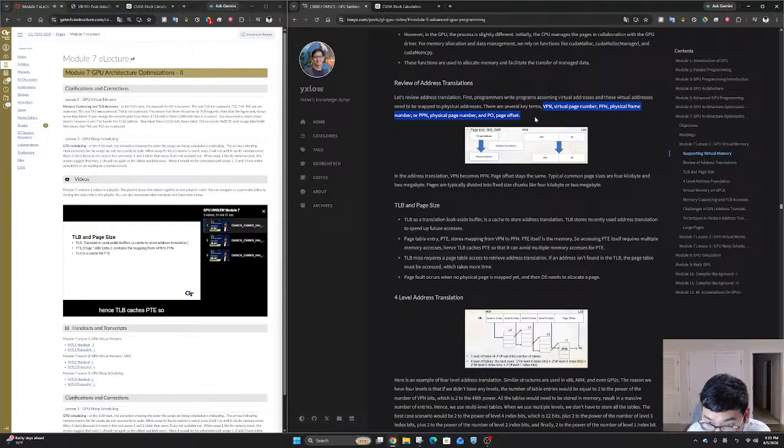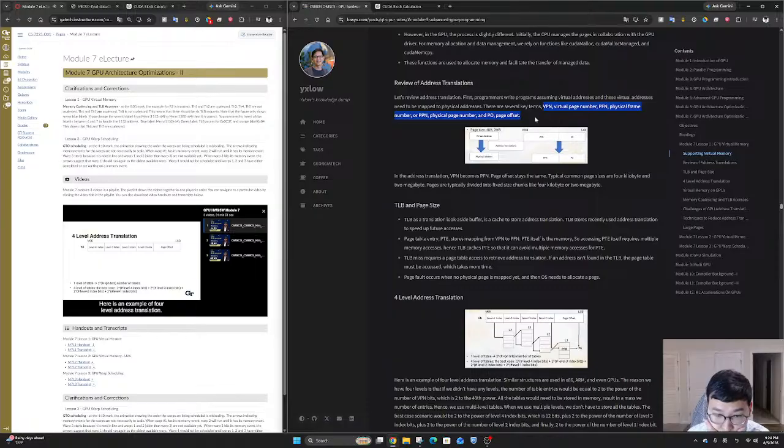Hence, TLB caches PTE so that it can avoid multiple memory accesses for PTE. TLB misses require a page table access to retrieve address translation. If an address isn't found in the TLB, the page table must be accessed, which takes more time. Page fault occurs when no physical page is mapped yet, and then OS needs to allocate a page.